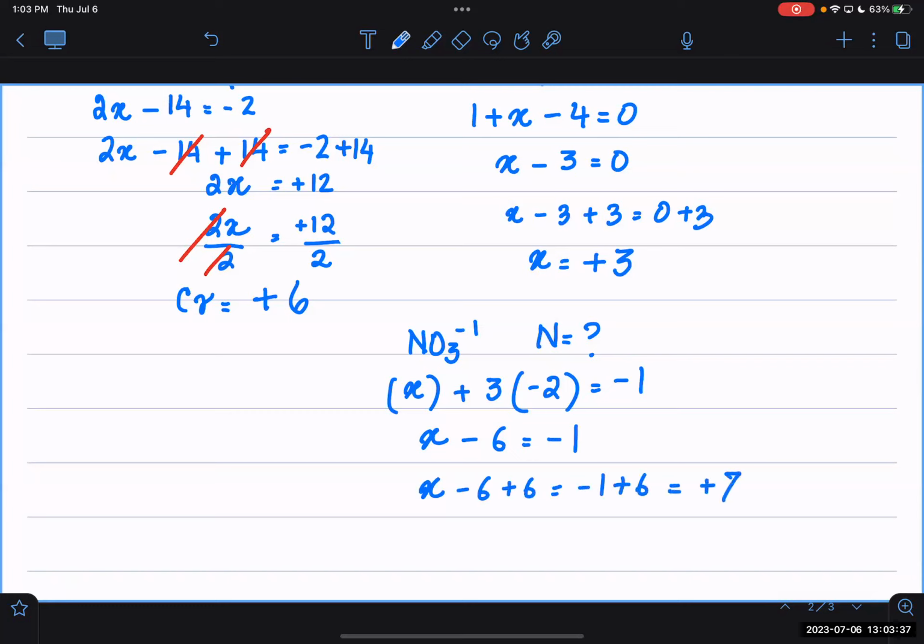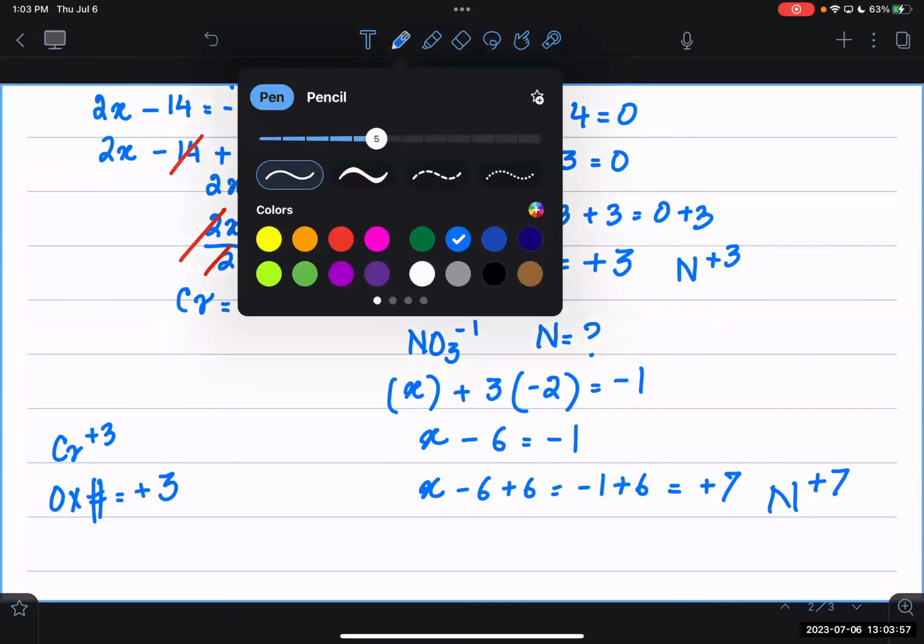That means plus 7. So nitrogen is in plus 3 state here, and nitrogen here is in the plus 7 state. And then the other chromium is plus 3 charge, which means the oxidation number for chromium is equal to plus 3. So we calculated these.